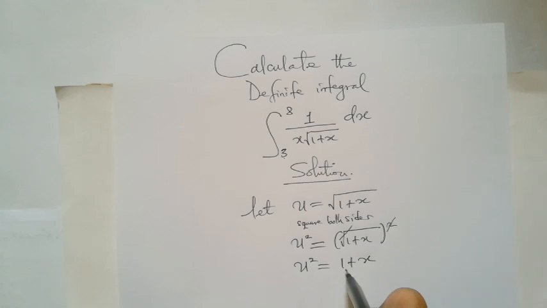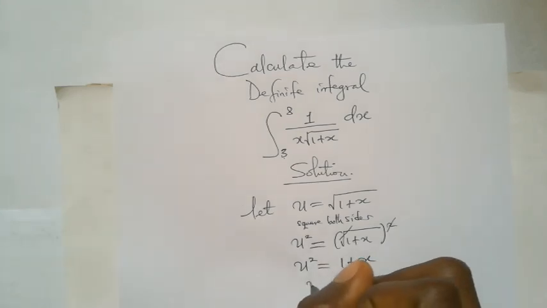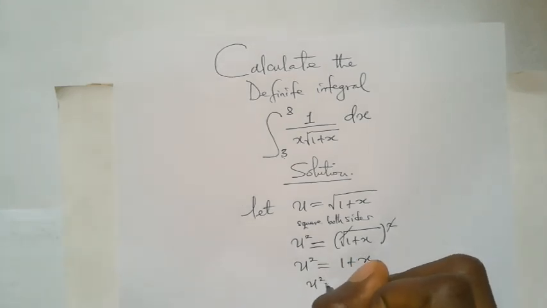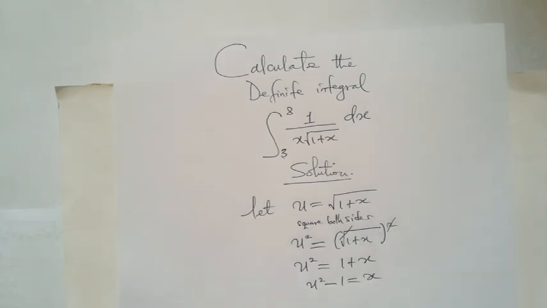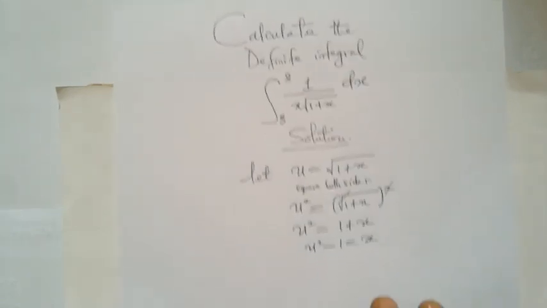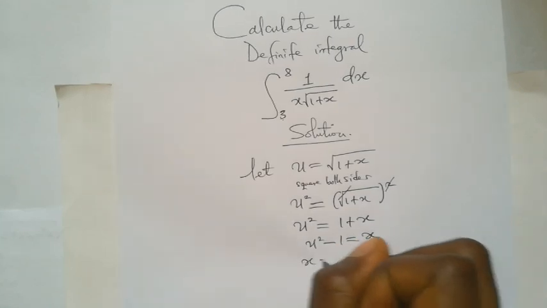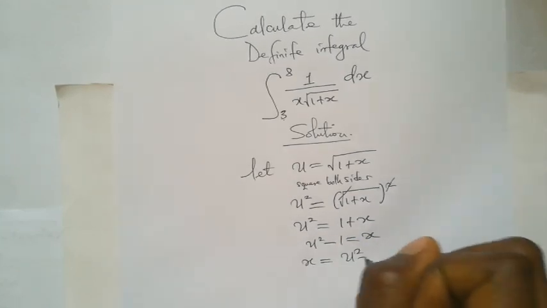You get it? So this 1 can come here, and we have u squared minus 1 is equal to x.